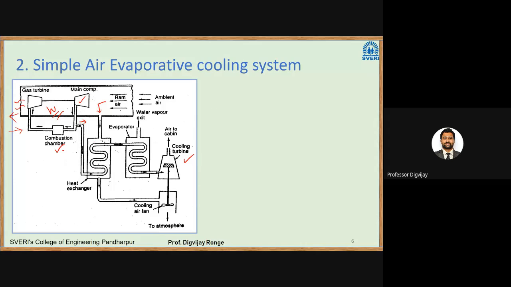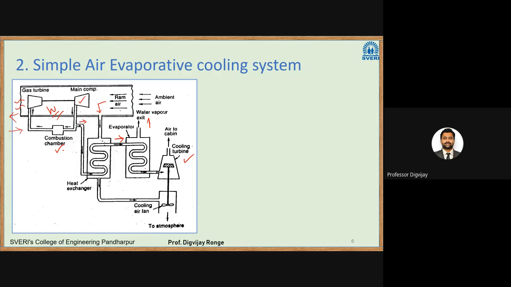Now this compressed air is cooled and it is further cooled in the evaporator with the help of water vapors. So water vapors will take the heat from this compressed low temperature air and send it into the atmosphere.